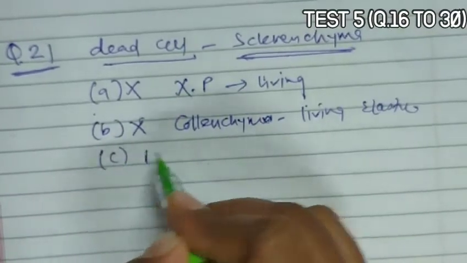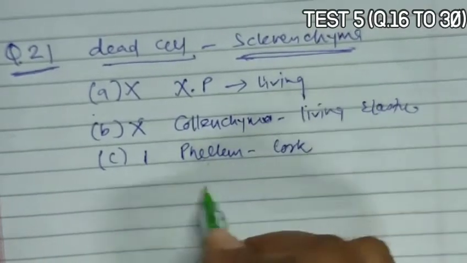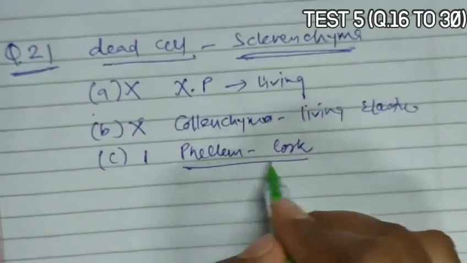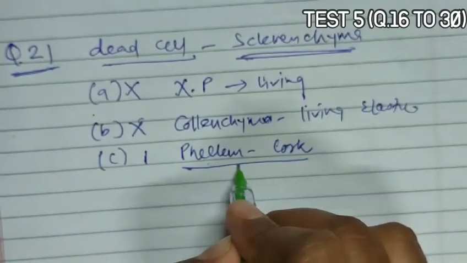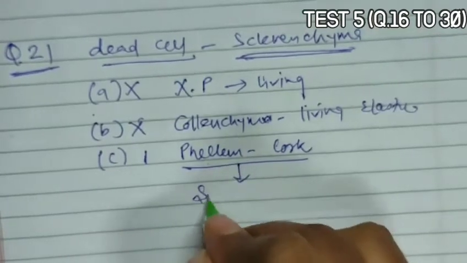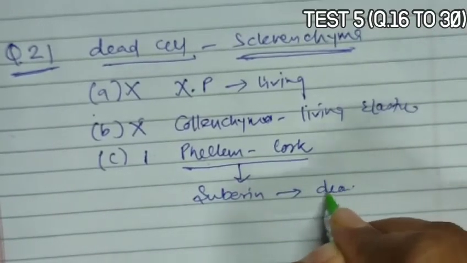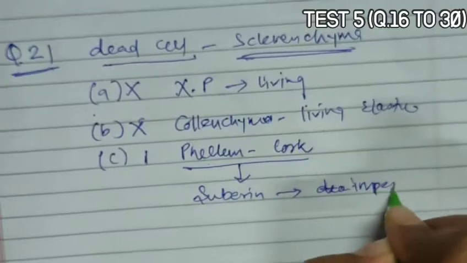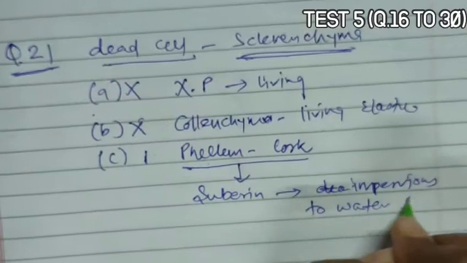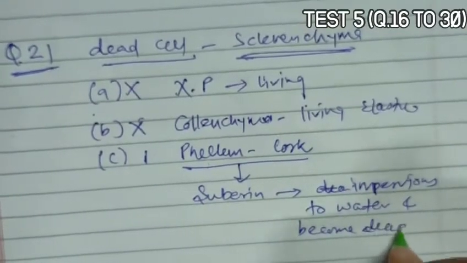Option C is given as phellem. Phellem is known as cork, and this cork is present outside, produced by the cork cambium, and later on it has a suberin deposition, and due to suberin deposition it becomes impervious to water and becomes dead.